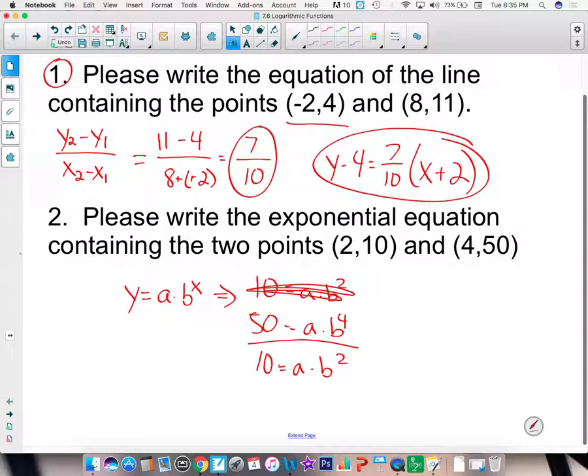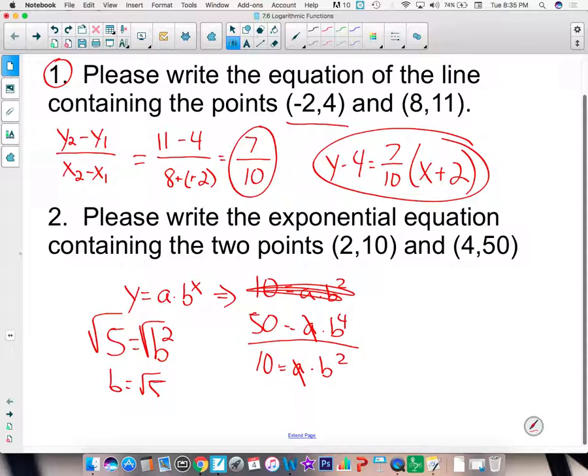Forget about that one up there. That's the way we're dividing it, so that way we have positive exponents. So 50 divided by 10 gives me a 5 equals, the a's cancel. And then we have b to the 4th over b squared, so that gives me b squared. To get b by itself, you square root both sides. B is square root of 5.